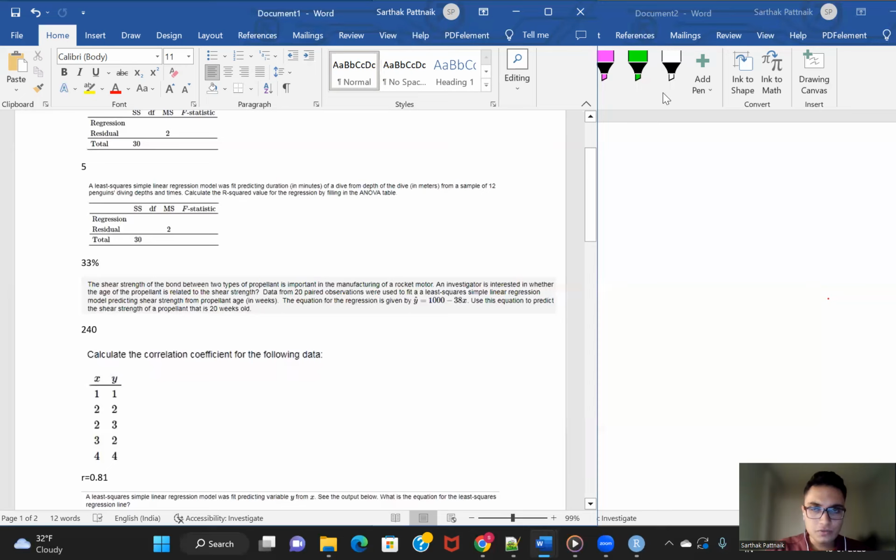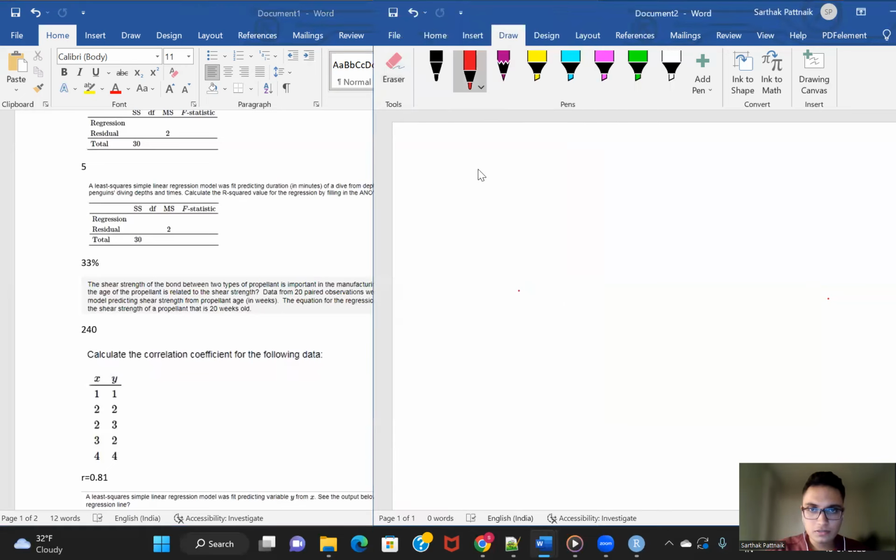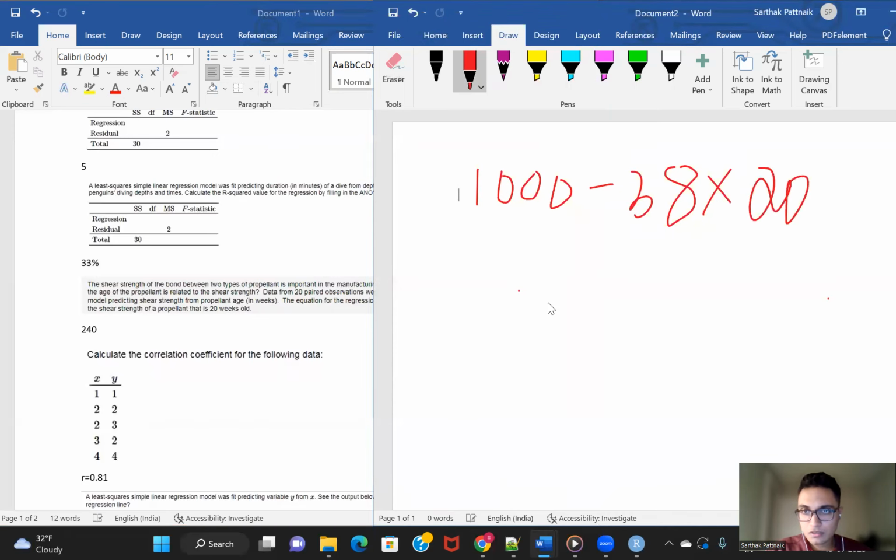So this is nothing but equal to 1000 minus 38 into 20, which is equal to 1000 minus 760.